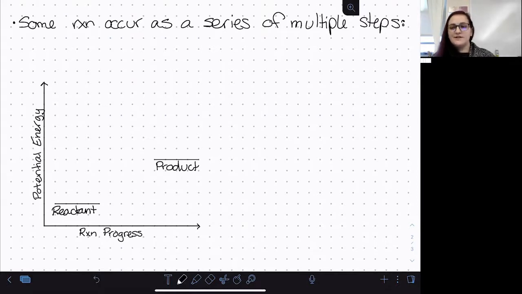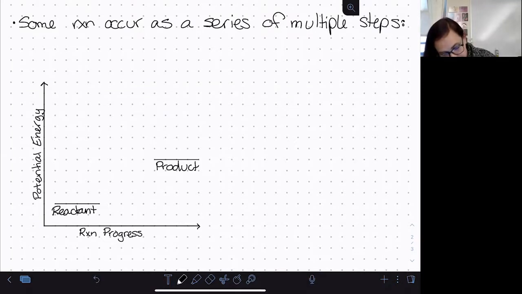So if something occurs as a single step, it'll look like the diagrams we've drawn so far that are just a single mountain, a single hill in between reactants and products. If something occurs as multiple steps, it's more of a little mountain range that will have multiple peaks, multiple activation barriers that need to be overcome in order to get all the way from reactants to products.